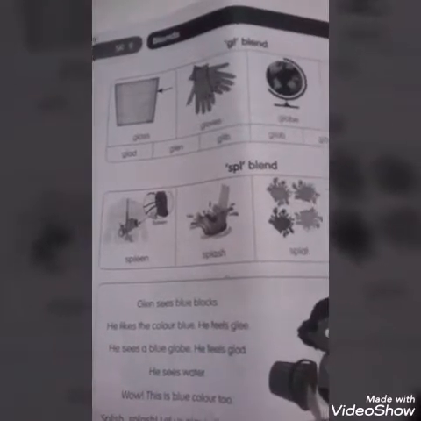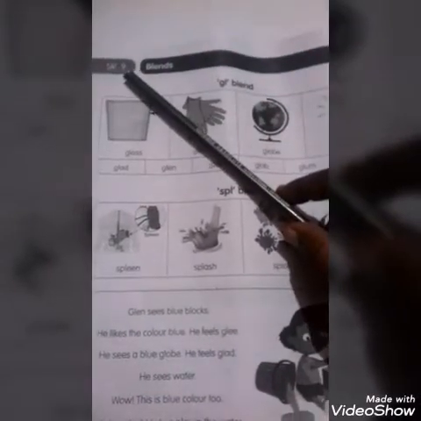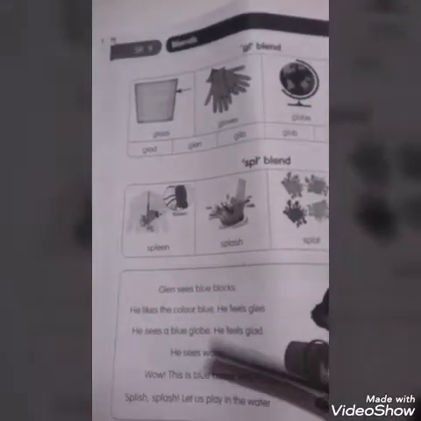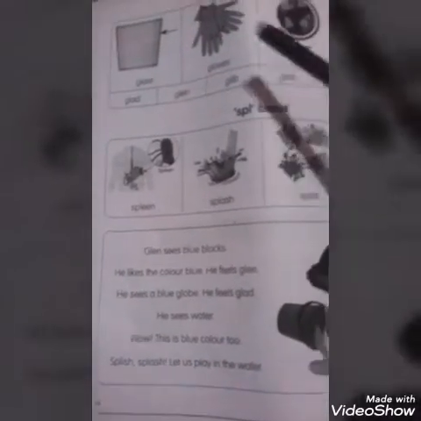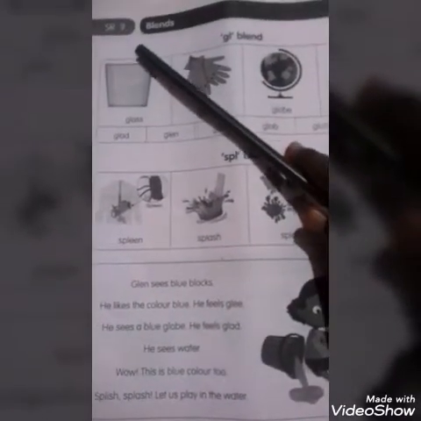Take the next page. SR9. Page number 14.